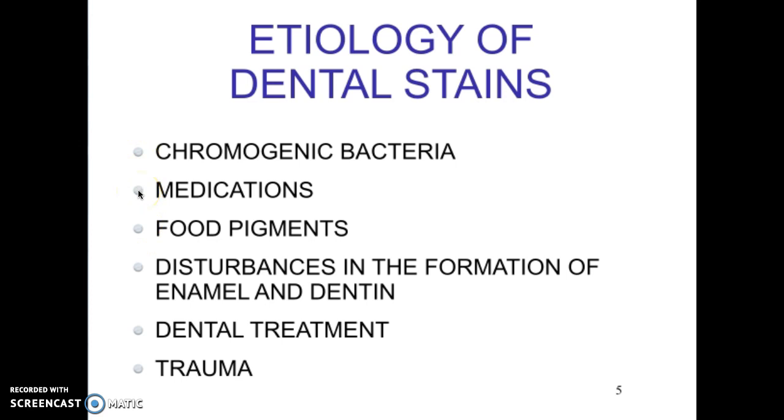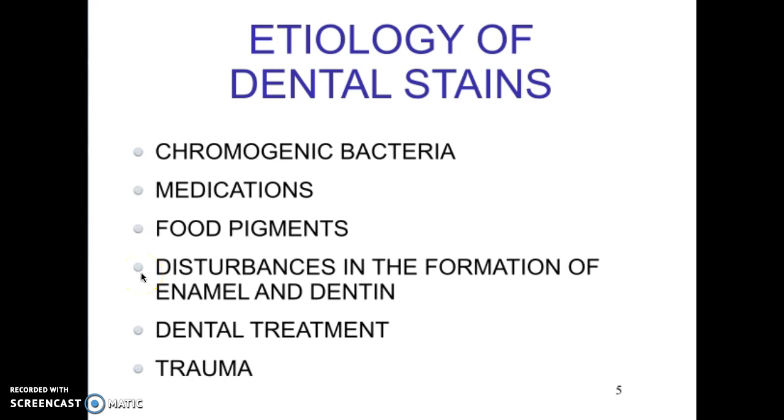Medications, tetracycline stain is a stain that is caused by medications. Food pigments, so sometimes people eat certain foods, maybe drink wine, have tea, coffee, can cause staining, such as yellow stain, brown stain, are some of the stains caused by food pigments.